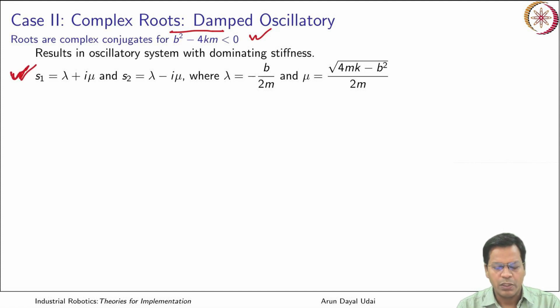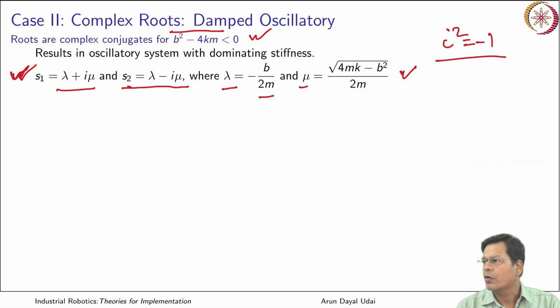Those two poles, the roots, may be written as lambda plus i mu and lambda minus i mu, where lambda is given by minus b by 2m, and similarly mu may be written as this. I have just taken i squared is equal to minus 1. That is a complex number thing that you are already familiar with.